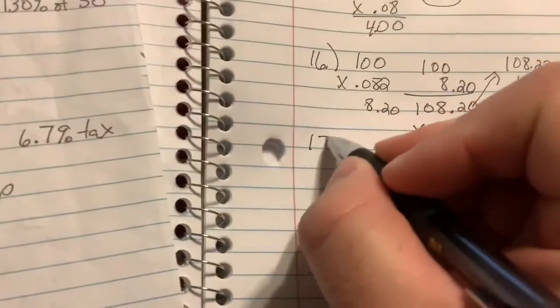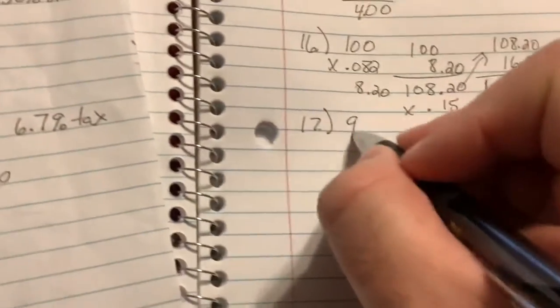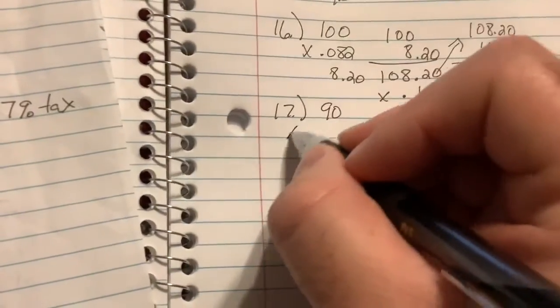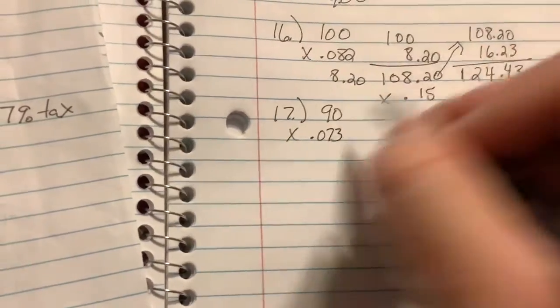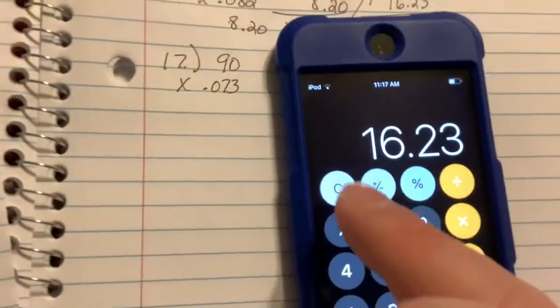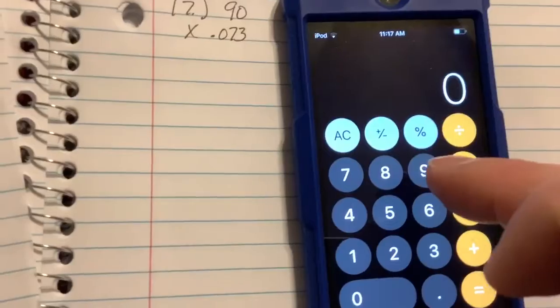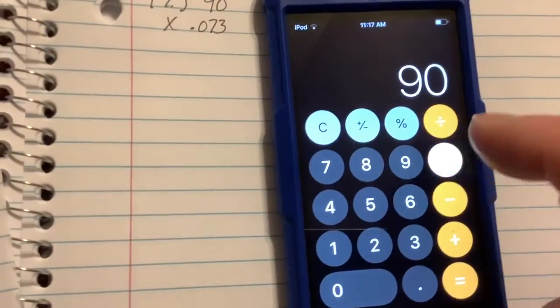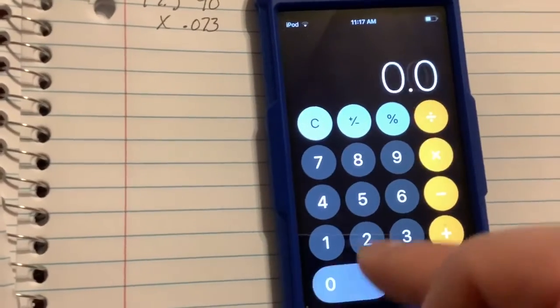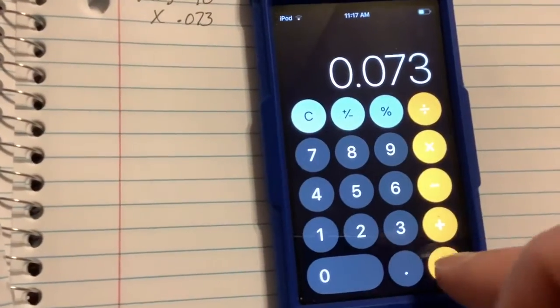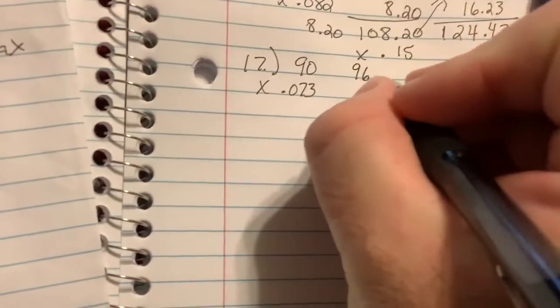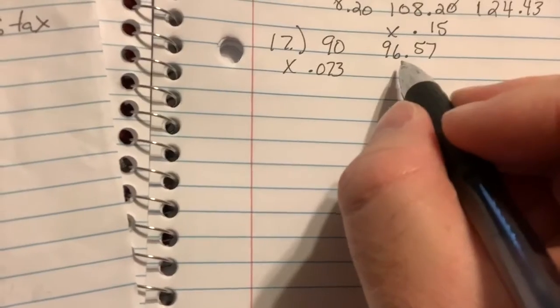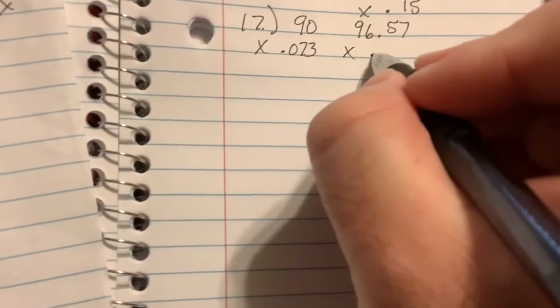Number 17, same thing, except it was a $90 meal and a 7.3% tax. So let's do that. $90 times 0.073 is $6.57. So $96.57 is the meal with tax. Then you're going to do a 20% tip on that.